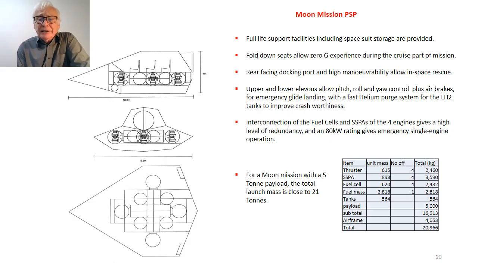You wouldn't actually land in a very optimal attitude, but nevertheless you would get down and land using only single engine operation in this very dire emergency situation. You can see from the mass budget we give in the table there, assuming a 5-ton payload, the total launch mass for a moon mission is 21 tons.